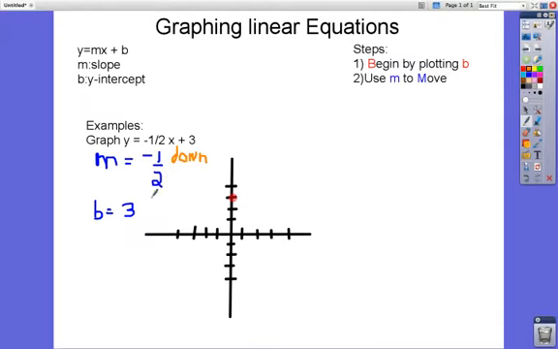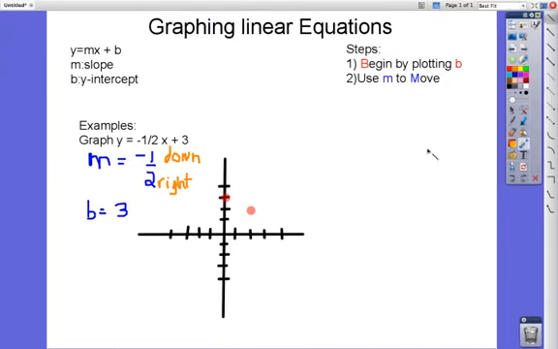The bottom number is always to the right. It doesn't matter if our slope is positive or negative, the bottom number always tells us we have to move right. So starting at the point we already have, you're going to go 1 down and 2 to the right.